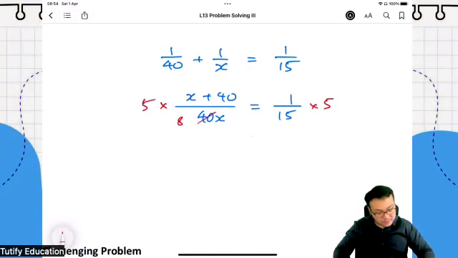This becomes 8. Then divide by 5, divide by 5. Okay, now it's at least a little bit smaller. Actually, you know what? Let's not complicate things. Can you tell me what's the lowest common multiple of 40 and 15?